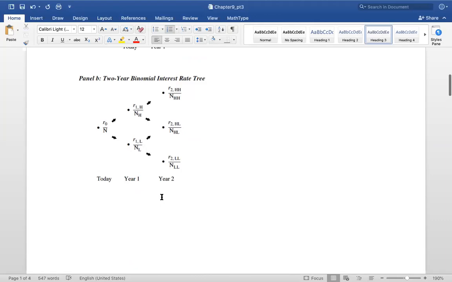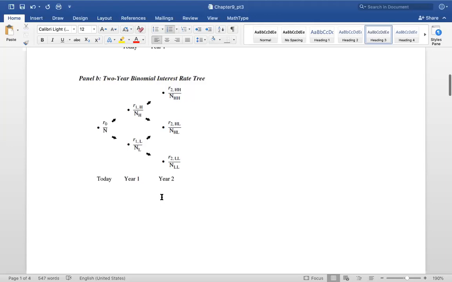Let's see how we have incorporated the volatility here. If we look at panel A, 1 year, we are showing that from the root the interest rate can go in two directions. So that is a random event.